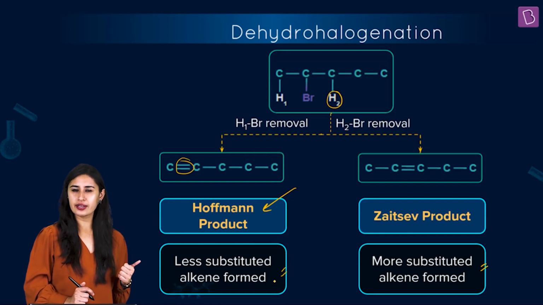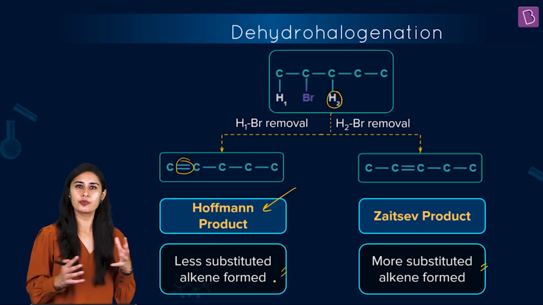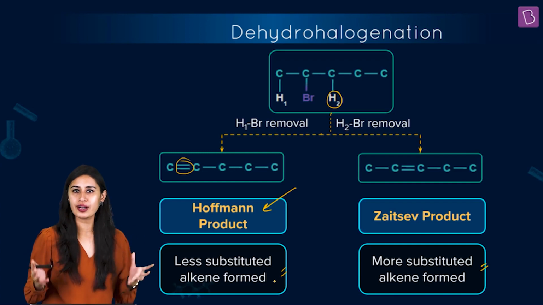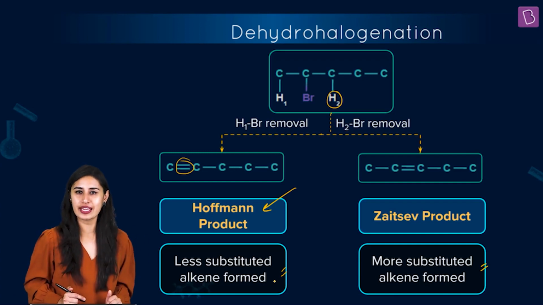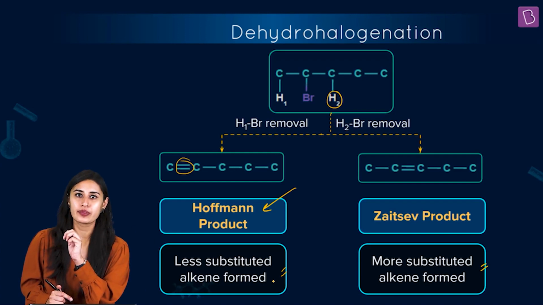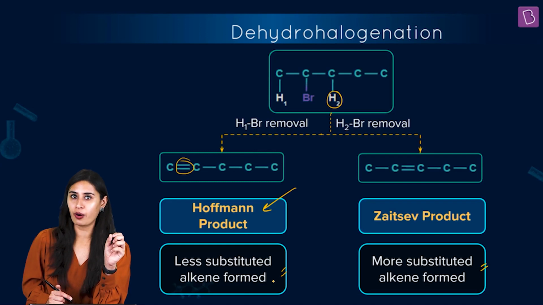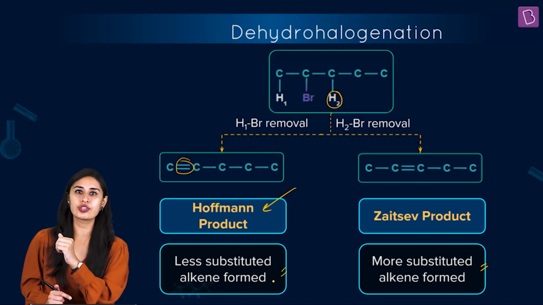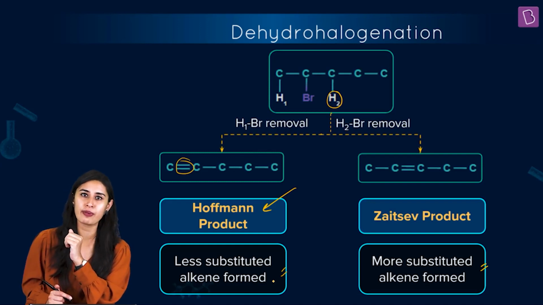So why is it that Saytzeff product should be the generally formed major product? Why are we saying this? Because the moment you see an alkene, please do remember, whenever we see a double bond, hyperconjugation should strike the doors of your mind. And if hyperconjugation comes to your mind, alpha hydrogen comes to your mind.